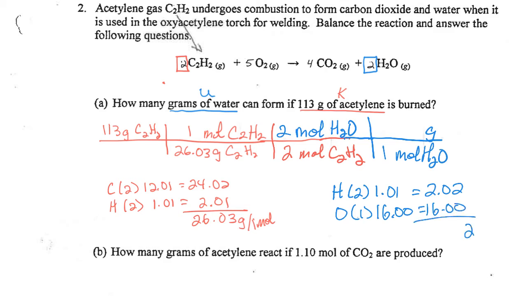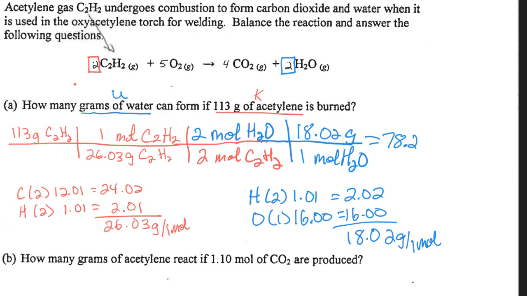Add them together, it's going to give you 18.02 grams per 1 mole of water. 18.02. Now I'm ready for the calculator. When we do that in the calculator, you're going to get 78.2, because you need 3 significant figures, grams of H2O. And there you have it.